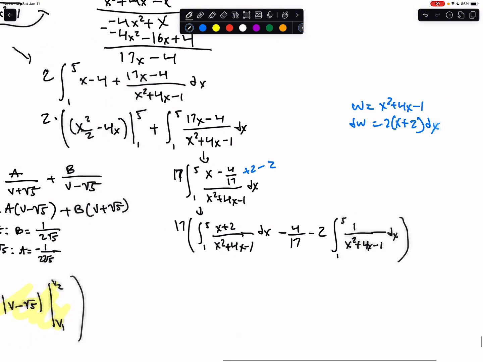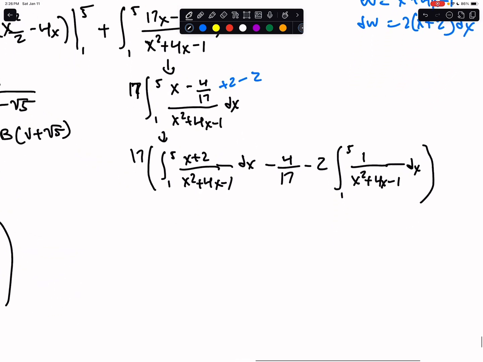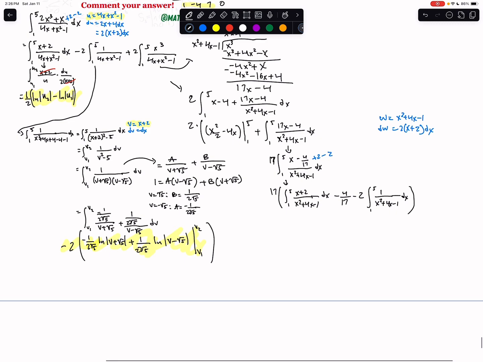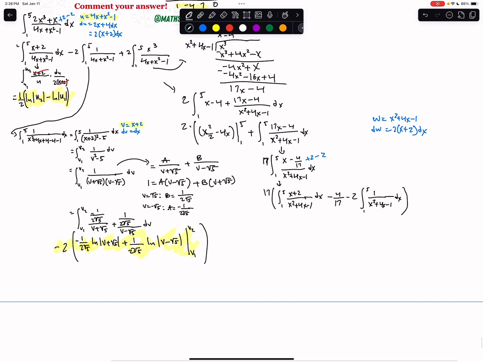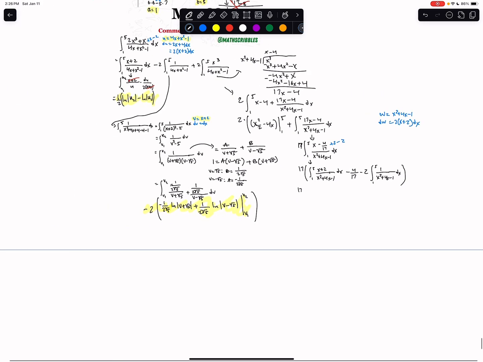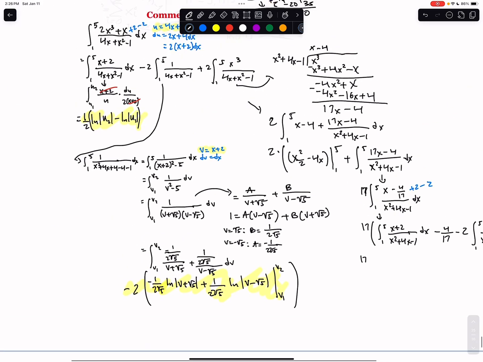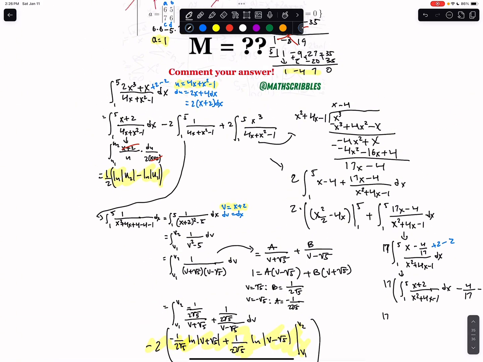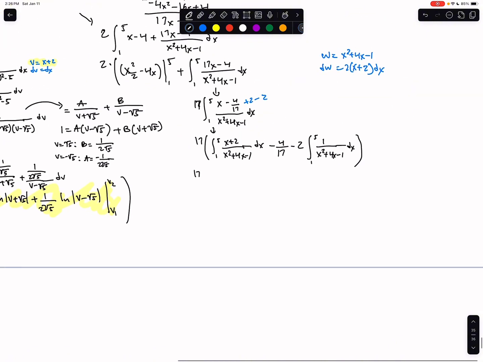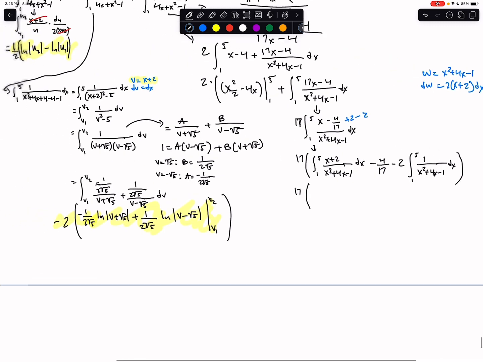So now this right here, we got ln absolute value of u1. So I'm going to just do 17. And by the way, for this, forgot to mention here. Oh no, we didn't even need an absolute value bar there. So we got W2.